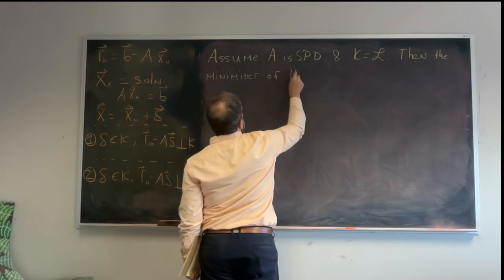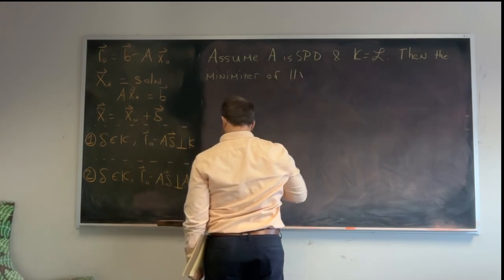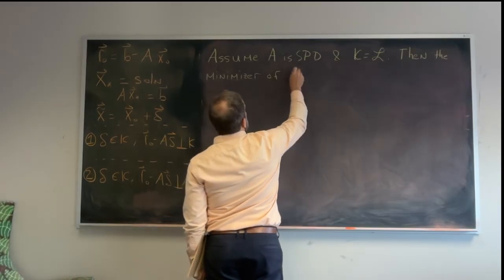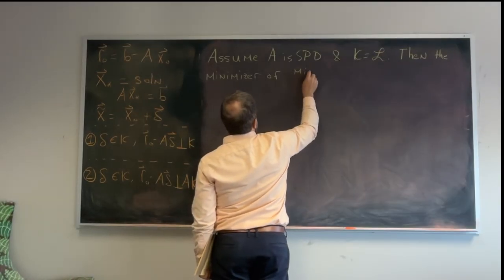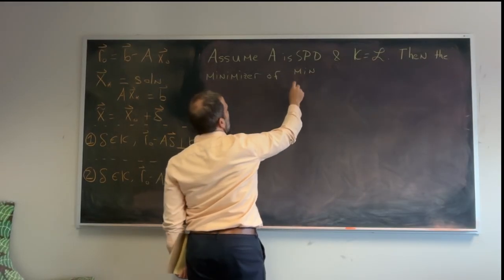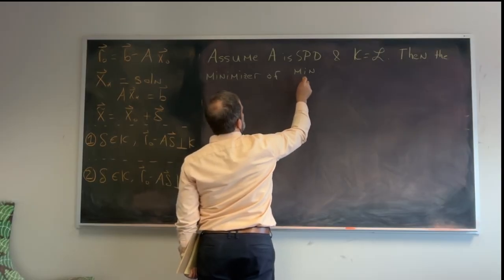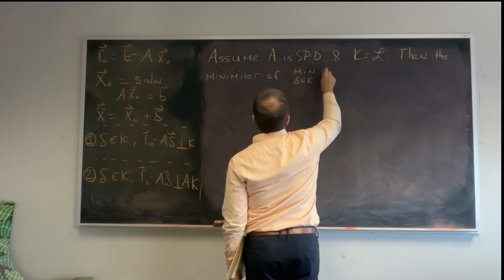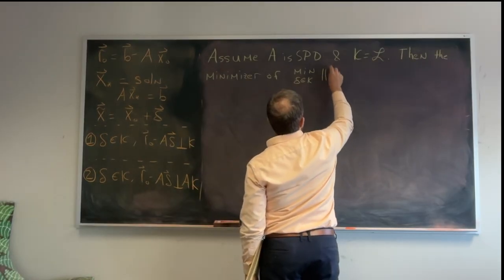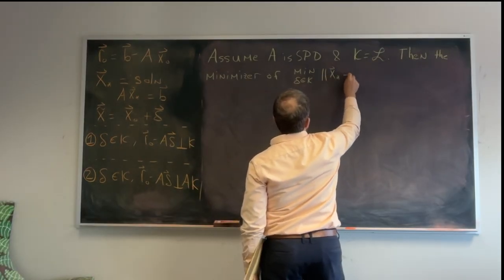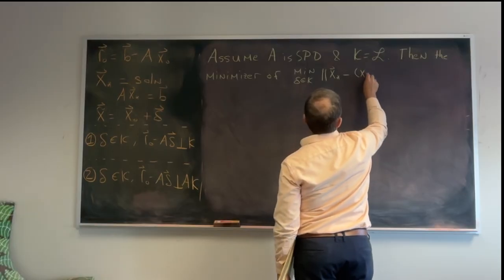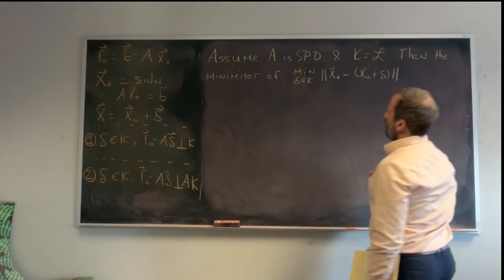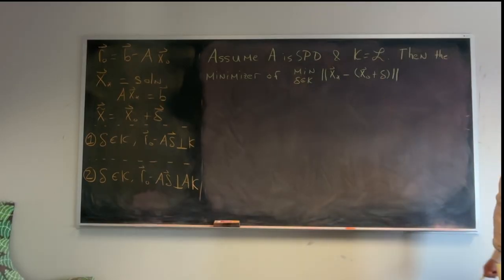Let me write it like this: minimize, for delta in K, x star minus (x naught plus delta). So we want to find the delta that makes this the smallest.